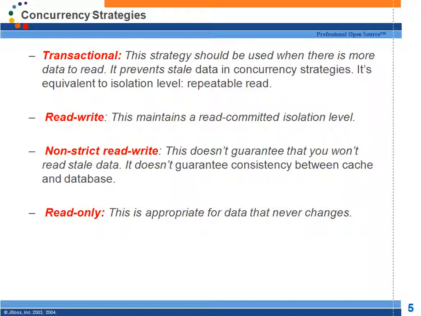They gave 4 names to the strategies. Non-strict read write is equivalent to some other level, and then read only. So each strategy is equivalent to one of the isolation levels. They define these 4 names.